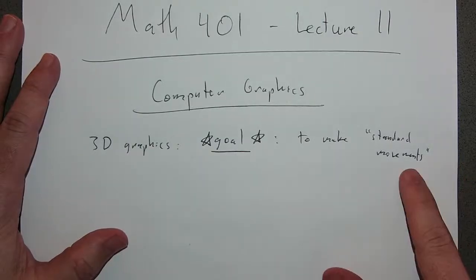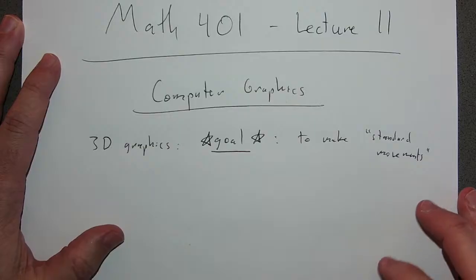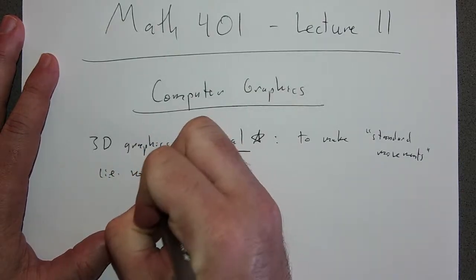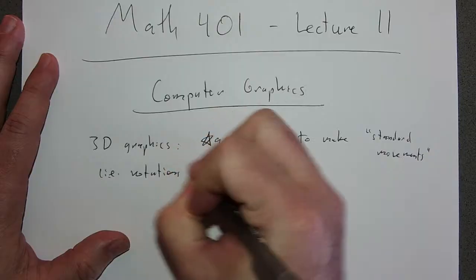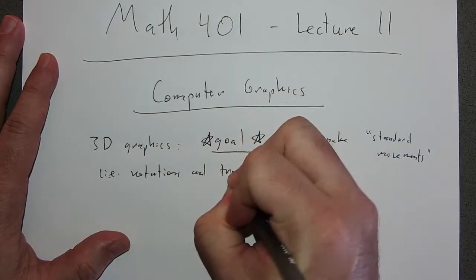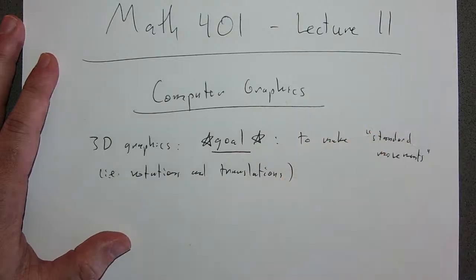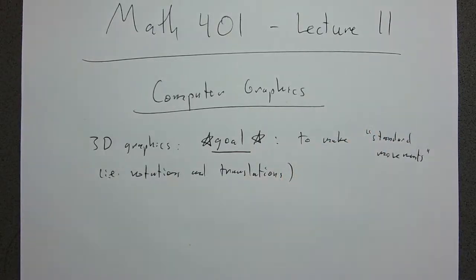To make standard movements, i.e., rotations and translations. Now, you may notice, depending on how much you know about isometries, that reflections are included there too, right? Maybe even glide reflections are included there.